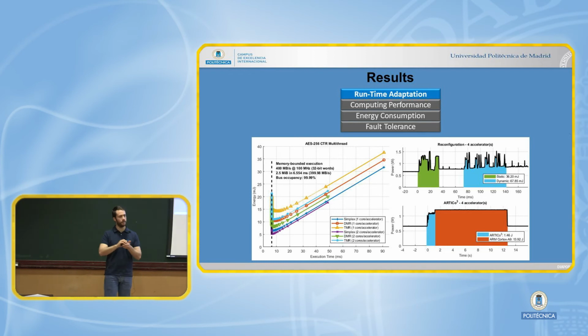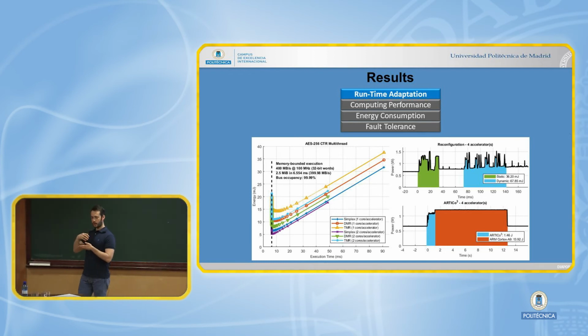So for instance, you can have different accelerators performing computation on different sets of data, but you can also provide the same data to a set of accelerators and vote the result to enhance the dependability of your system.